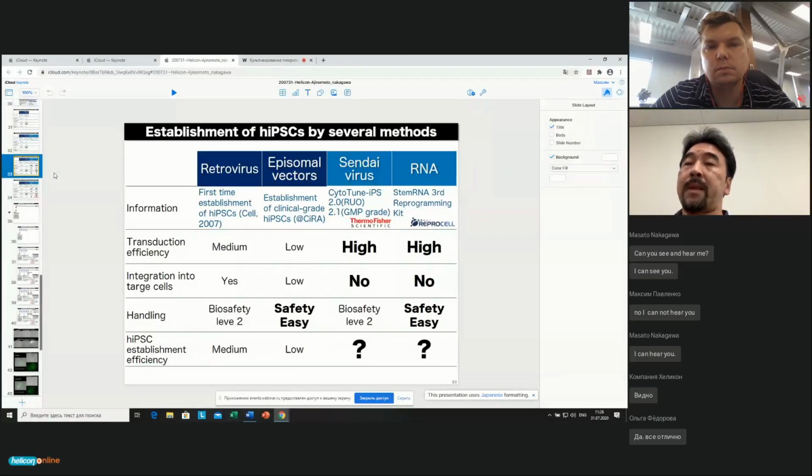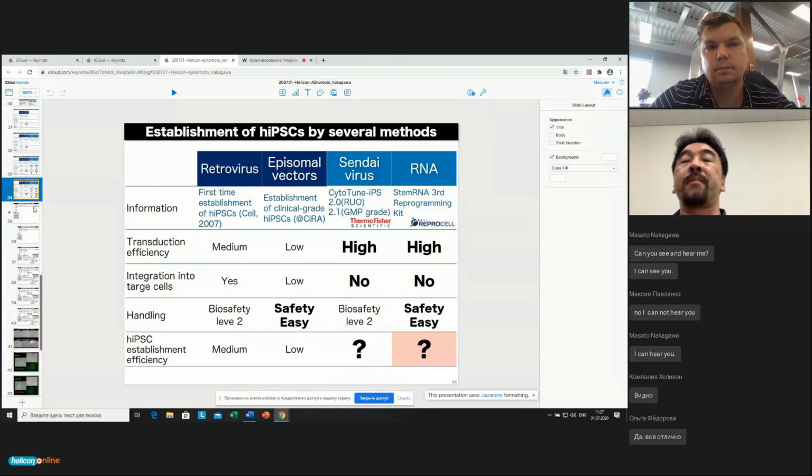Sendai virus is a virus, so we need to handle it in biosafety level 2. But for RNA, we can easily and safely use a normal experimental culture room. Using these methods, I try to generate iPS cells. Next slide, please. First, I confirm the synthetic RNA for iPS cell generation.